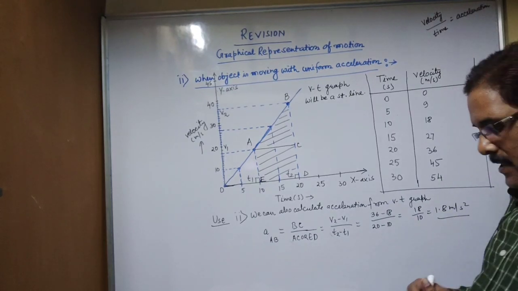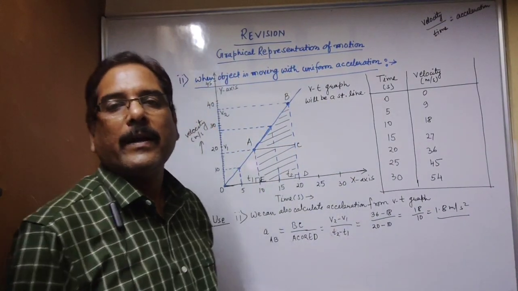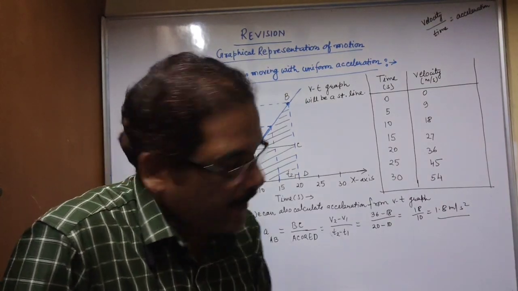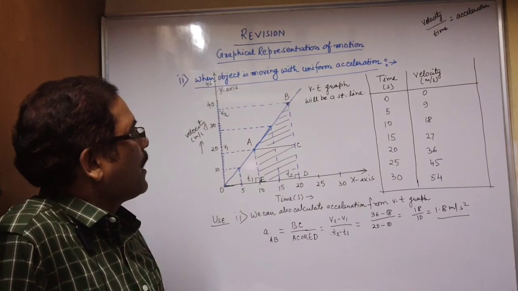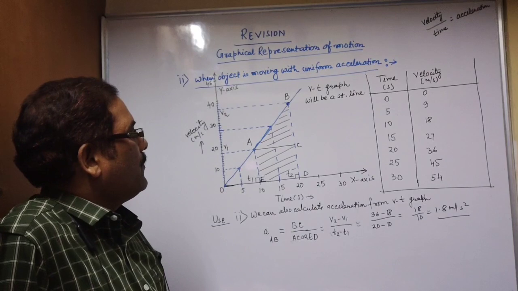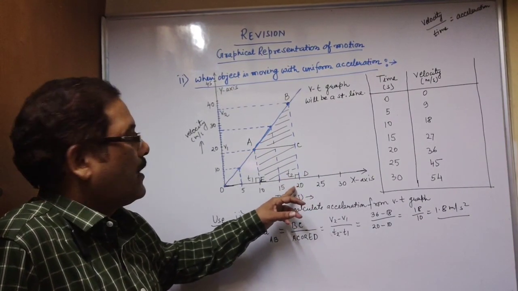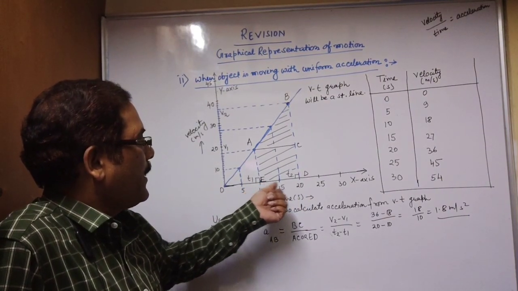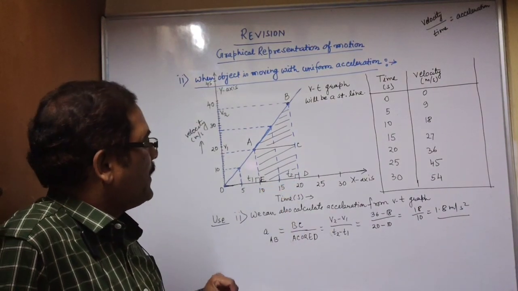So this is another important use, that we can calculate magnitude of acceleration in any time interval. For example, suppose we have to calculate the acceleration between points A and B. We have chosen these points. We draw perpendiculars on the x-axis, that is the time axis. Let the perpendiculars cut the time axis at points E and D. So E and D represent the time interval.